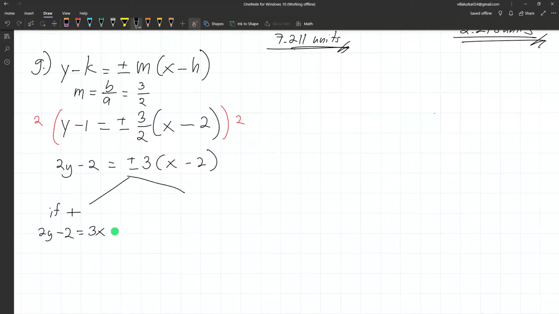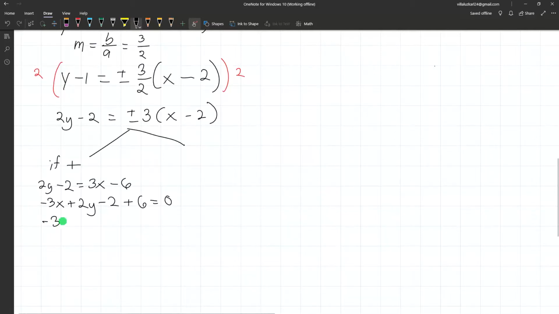So we transpose 3x: negative 3x plus 2y minus 2 plus 6 equals 0. So negative 3x plus 2y plus 4 equals 0. That's your equation. Or if you want the first term with the x variable to be positive, multiply both sides by negative 1, so that we have an equation of 3x minus 2y minus 4 equals 0.